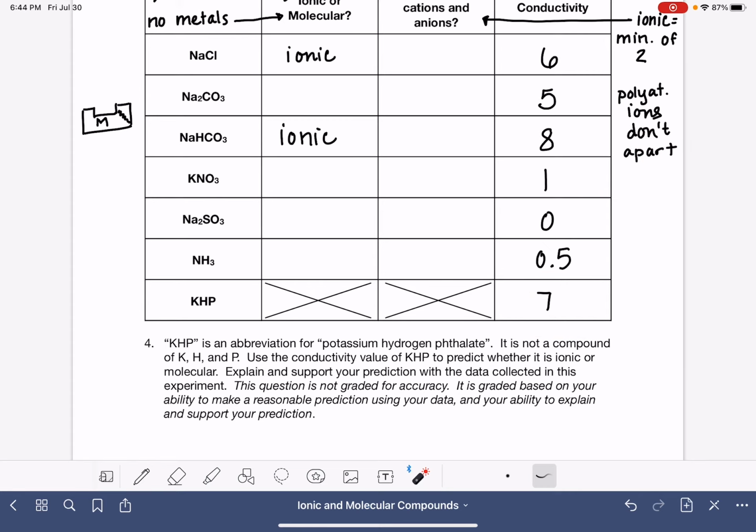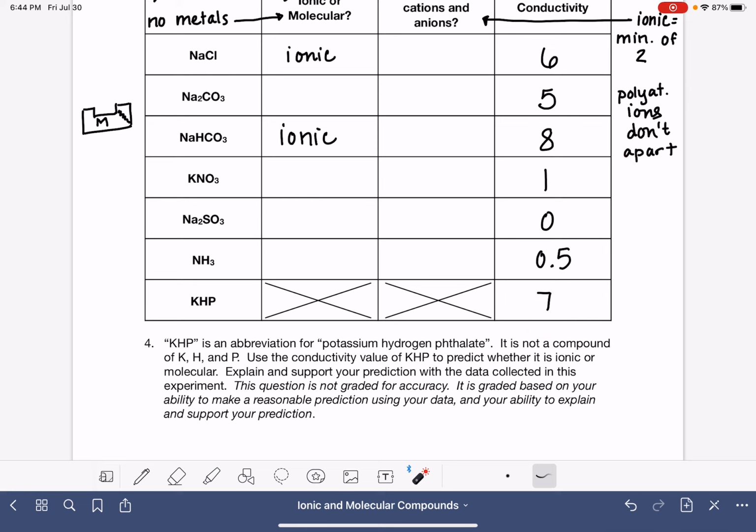So for example, maybe you believe that KHP is a molecular compound, but your data says that KHP is an ionic compound. You would need to answer the question just by saying that according to my data, KHP does appear to be ionic, even though maybe from some other source you found online, you know that it's actually molecular, but the data says that it's in fact ionic.